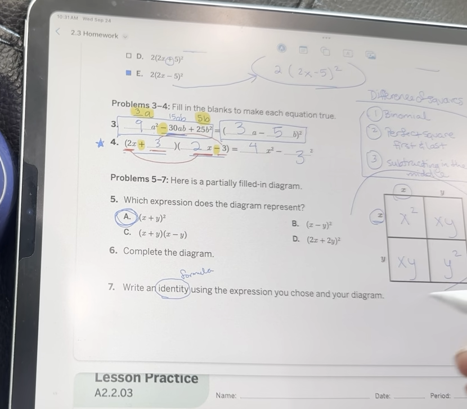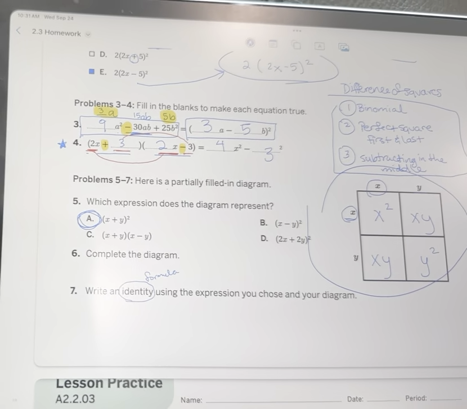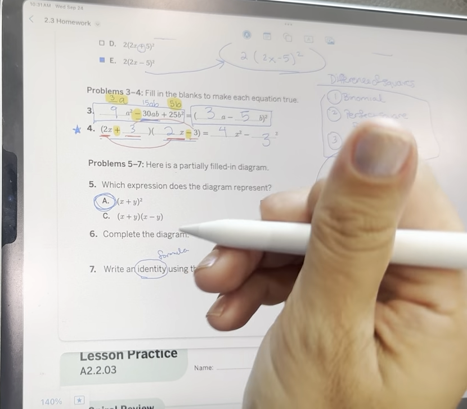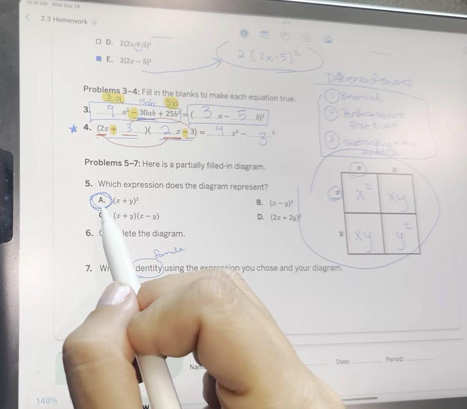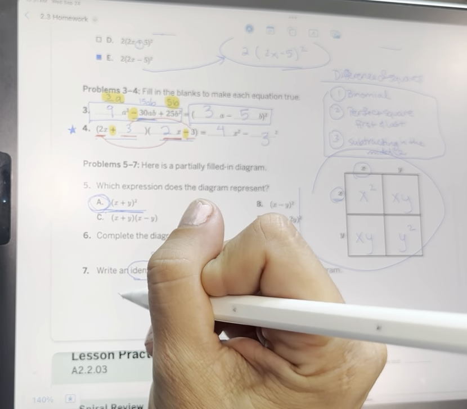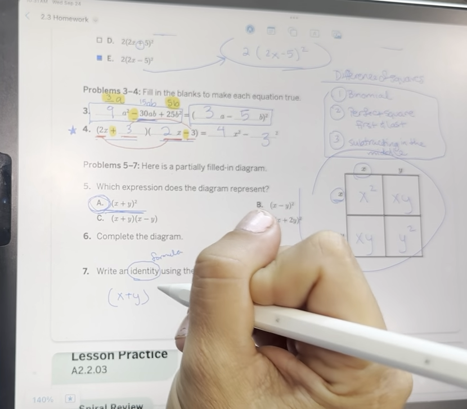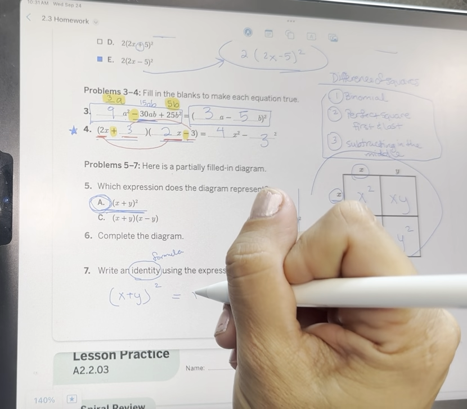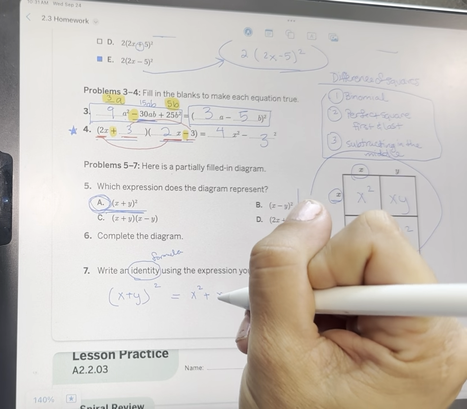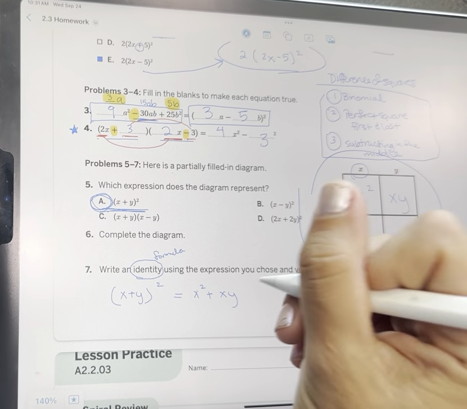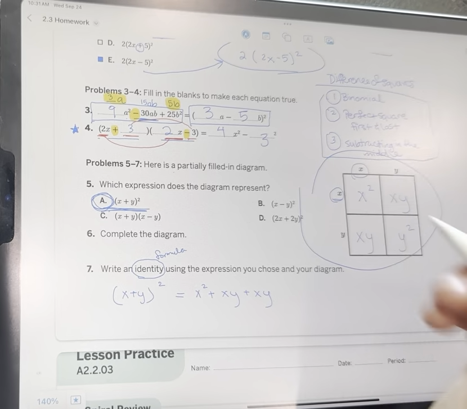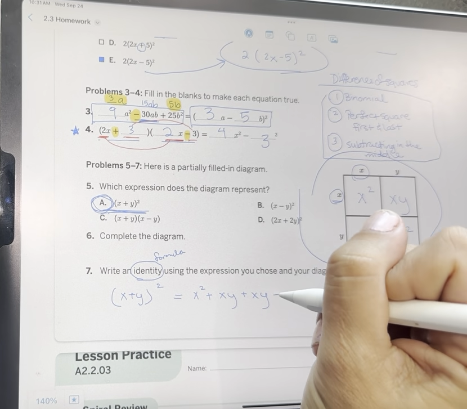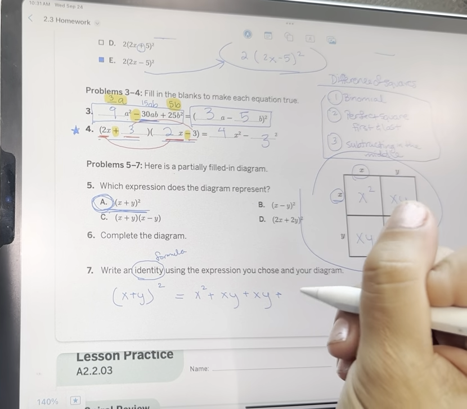Essentially, the identity this is saying is that x plus y squared equals x squared plus xy plus xy plus y squared.